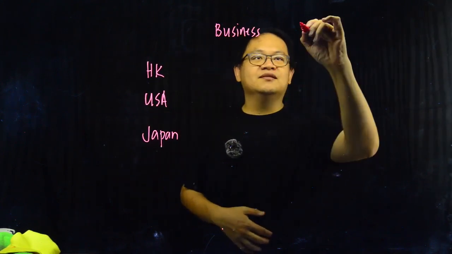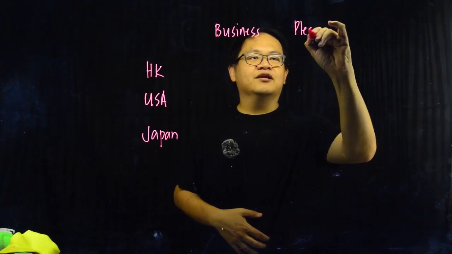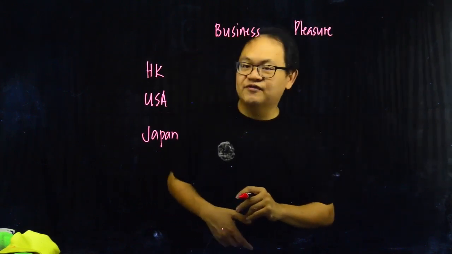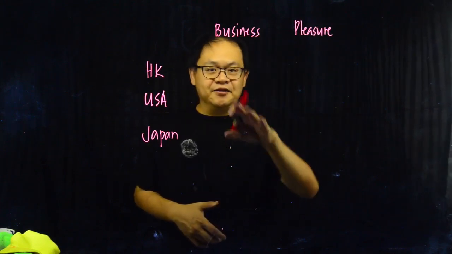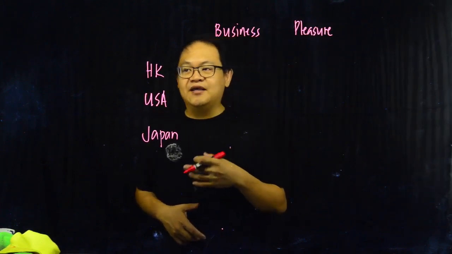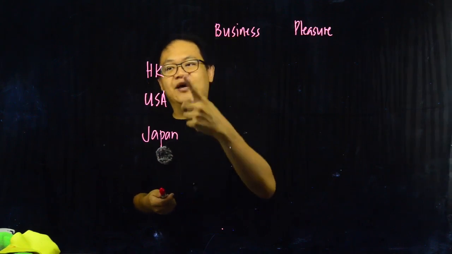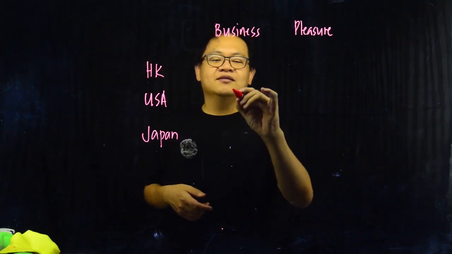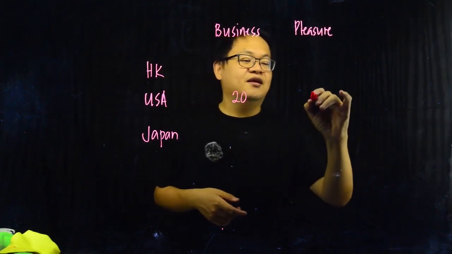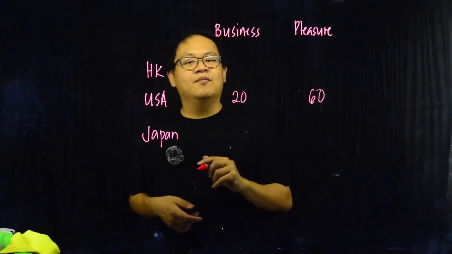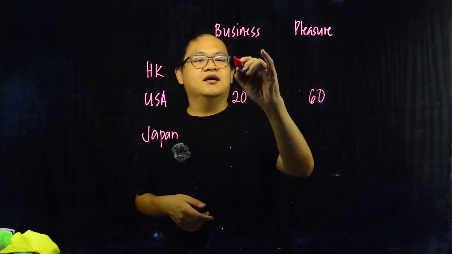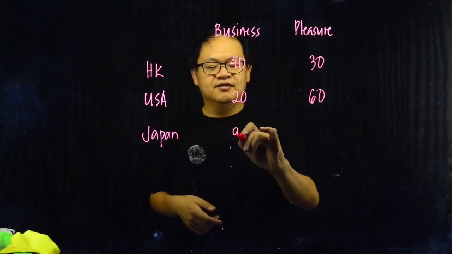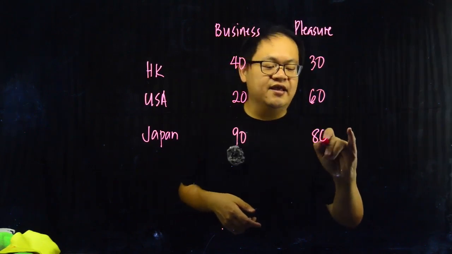One is for business, and the other one is for leisure. Okay? And let's say, just for the sake of simplicity, the higher the number, the more positive the number, the higher the benefit it is for you to go to that country. And let's say right now this is just 20, and let's say this is 60, and let's say this is 40, and let's say this is 30, and let's say this is 90, and let's say this is 80.